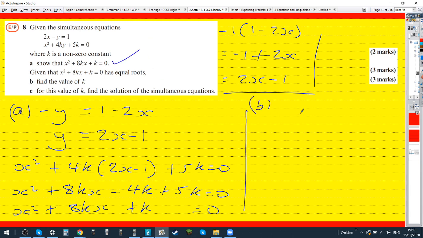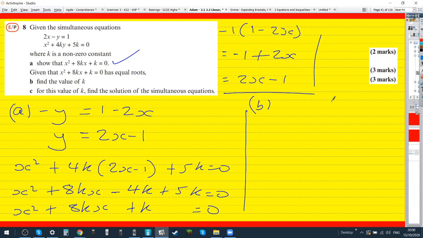Part B. How do we do that? Okay, let me write this out. Could you minus x squared from both sides?